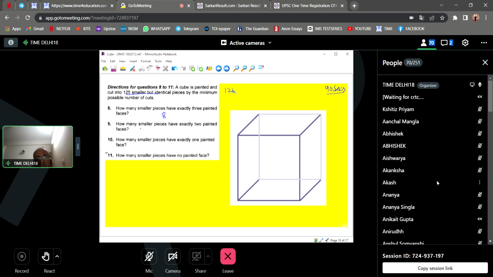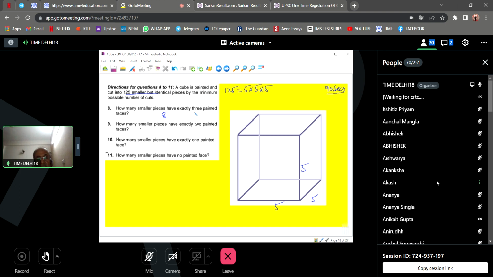So 125, can I write this as 5 into 5 into 5? लेंथ में 5 पीसेस हैं, ब्रेथ में भी 5 हैं और हाइट में भी 5 है. Yes, Anshul, your answers for the first two are correct, not the last two. See, 5 into 5 into 5.